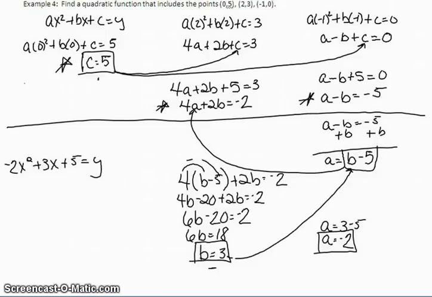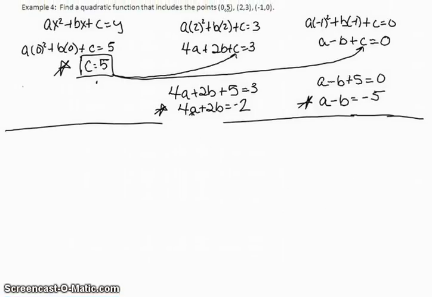I'm going to erase from my line down, and then we're going to do elimination one more time and show you that each way we're going to end up with negative 2x squared plus 3x plus 5 equals y. Remembering when I do elimination, I like to line up my two equations.